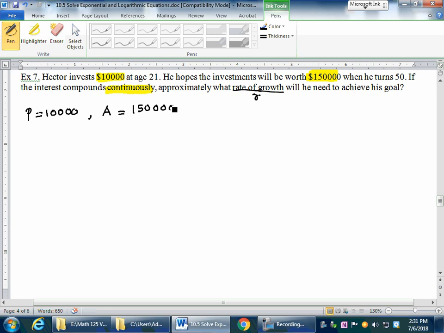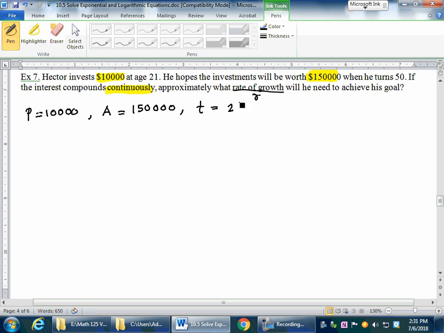Right? And then from here, I know the time, because he started at 21 and it ended at 50. So 50 take away 21 years, right? That will give me 29 years that he needs to invest it.